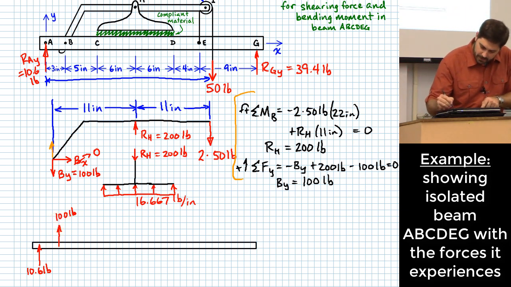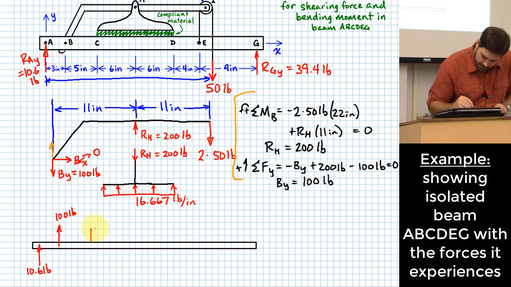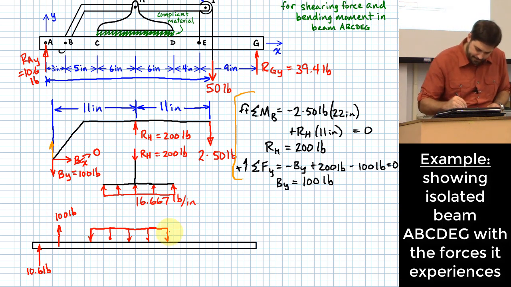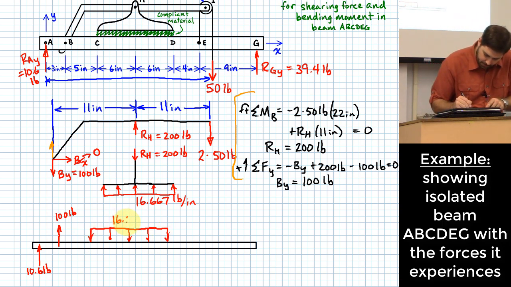Okay, so here's where it might get a little bit more tricky. Not really, a little bit. Between C and D, we just assume that same distributed load happens across there. So that's 16.667 pounds per inch.